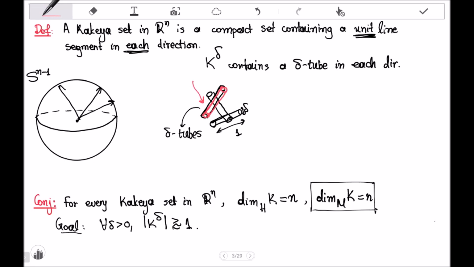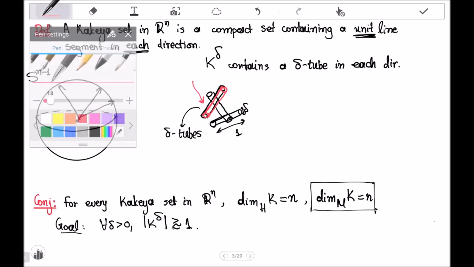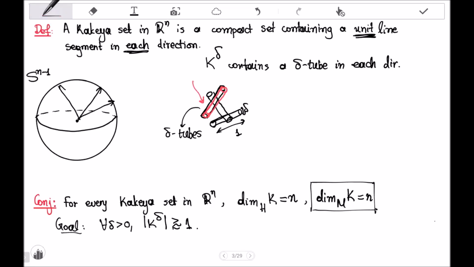I still have two cubes here pointing in different directions, but they look like there's still one cube. So the existence of these two directions won't help me at all. But as soon as the angle between two cubes starts becoming bigger, so in fact more than delta, the cross-section width, then I start seeing them as different cubes.